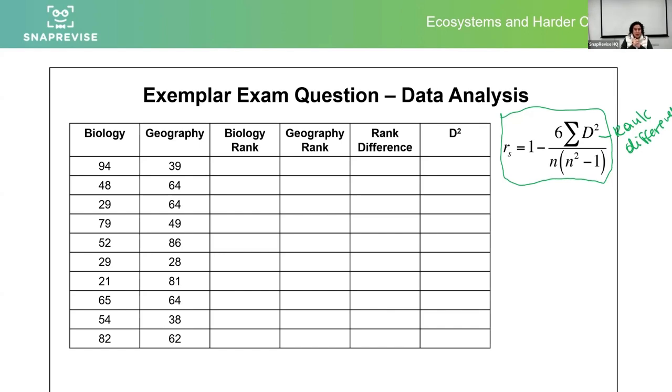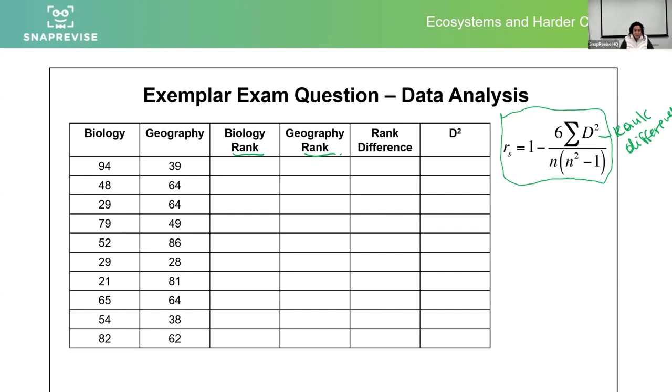The difference between what? The difference between my two variables that I want to test for whether they've got a correlation. So for example, here are my biology test scores, here are my geography test scores. What is this rank that I have to calculate?